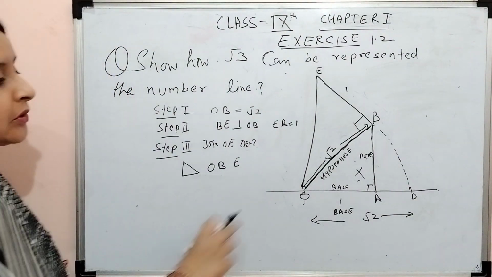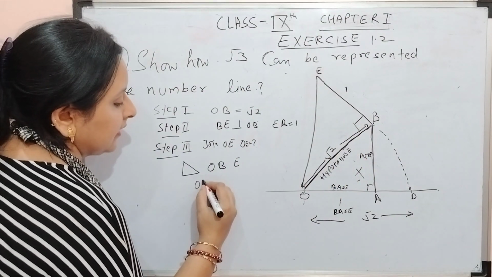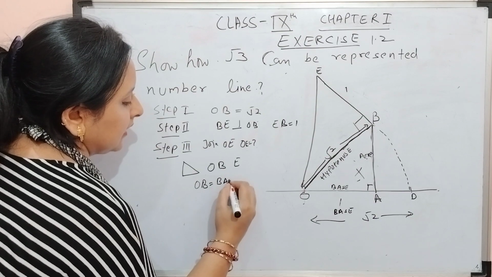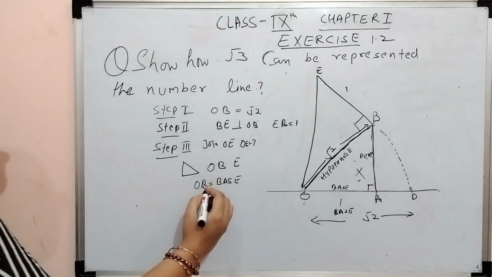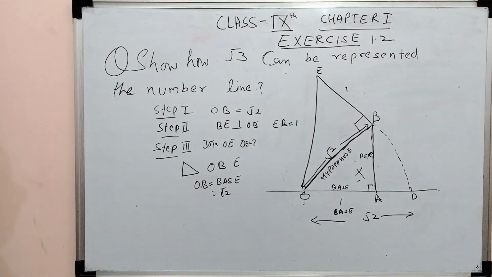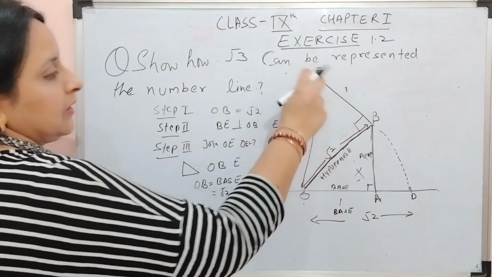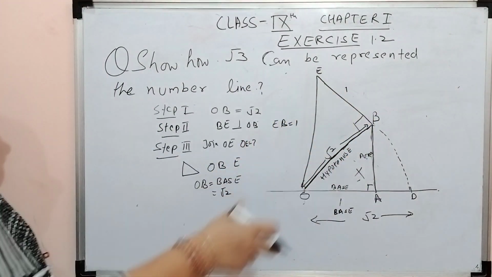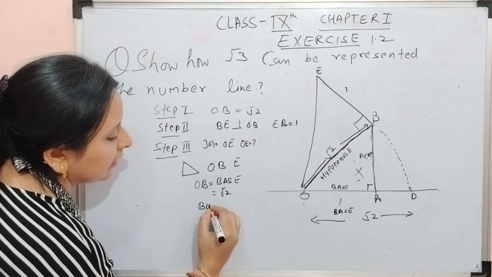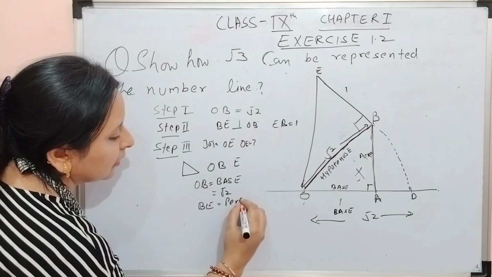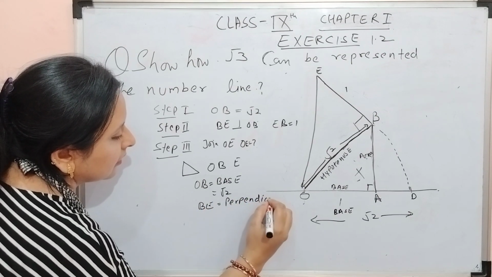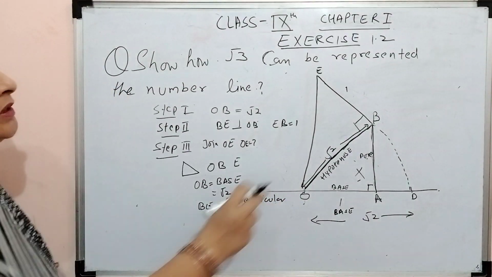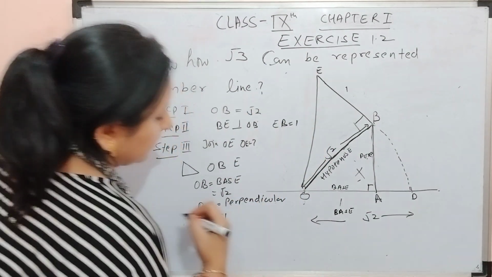In this right angle triangle, OB is the base and the value of this base is root 2. In triangle OEB, BE is the perpendicular and the value of BE is 1.